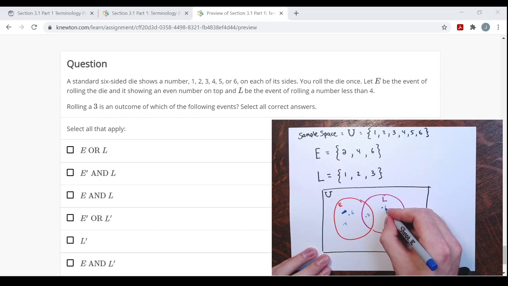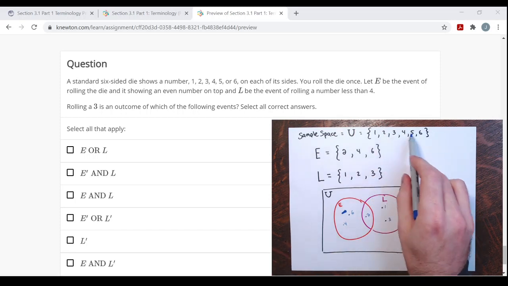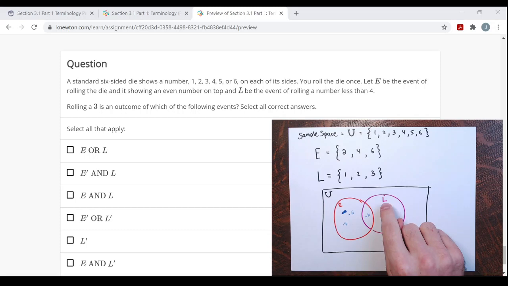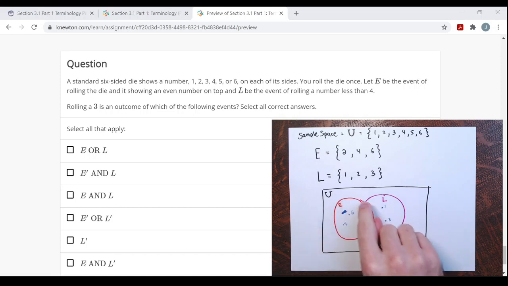So 1 and 3 are over here. And this takes care of every possible outcome except 5. So 5 I'll put out here, isn't in either of them. So 1, 2, 3 are in L, and then 4 and 6 and 2 are in E, and 5 is in neither of them. Hopefully this picture is clear, and hopefully it's not too small.